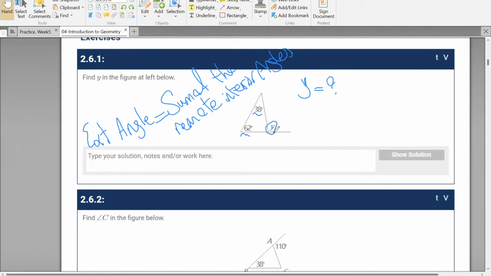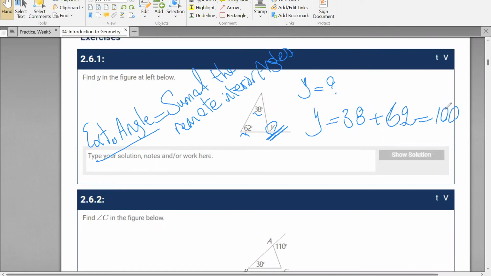So what are the remote interior angles to this external angle, say y? It's 38 and 62. So look at that. Therefore, the external angle, which is y, equals the sum of the remote interior angles, 38 and 62. Therefore, y equals 38 plus 62, which is going to be, as your friend mentioned, 100 degrees.